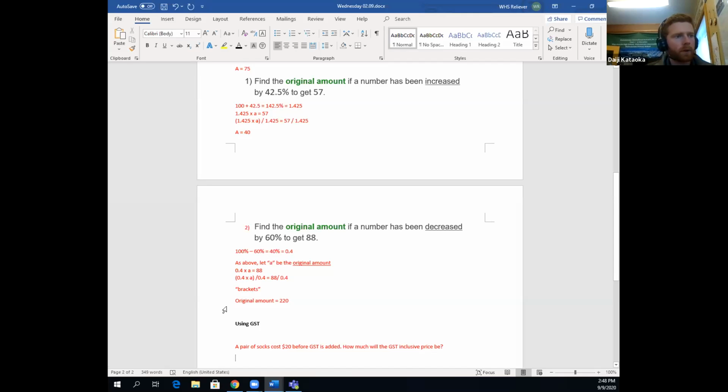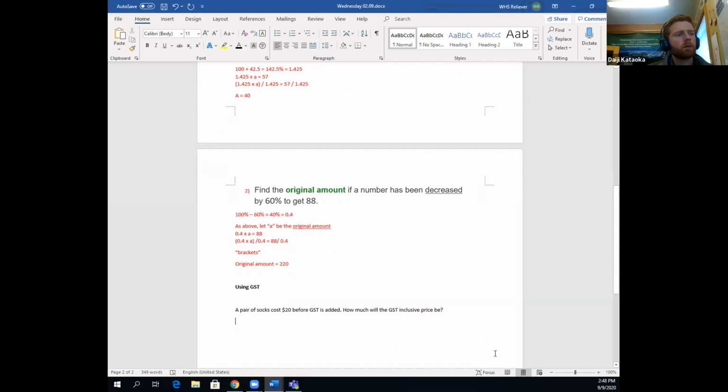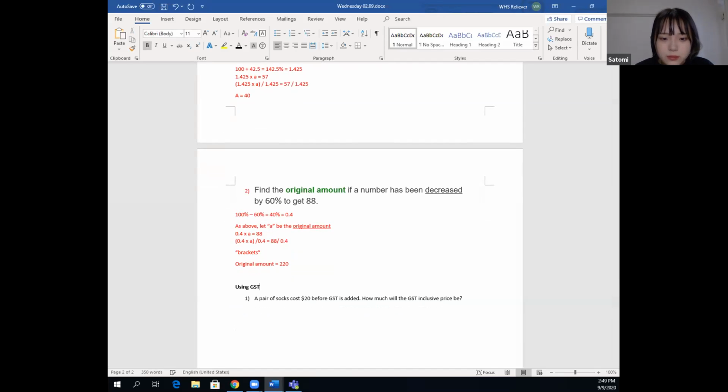Okay, how about this question? We'll say GST equals 15%. This is increase, directly. It's not divide. Yep, so what do we do?